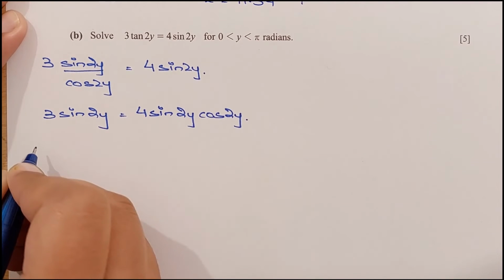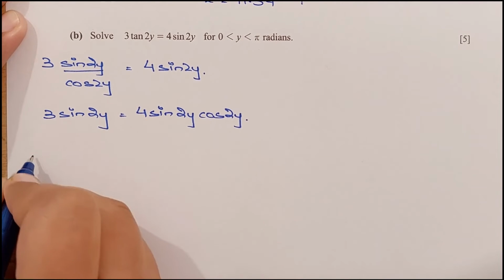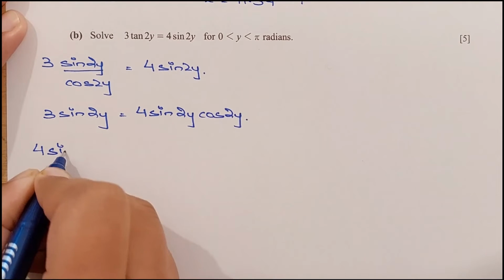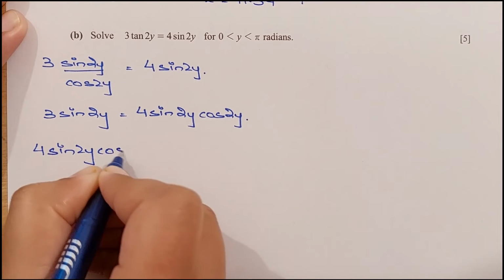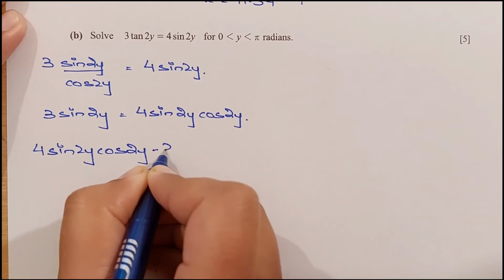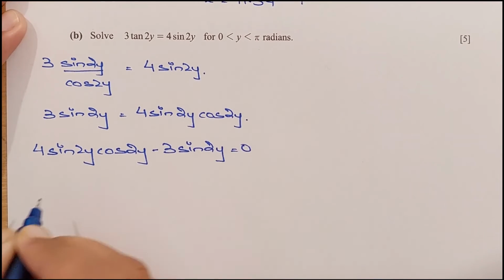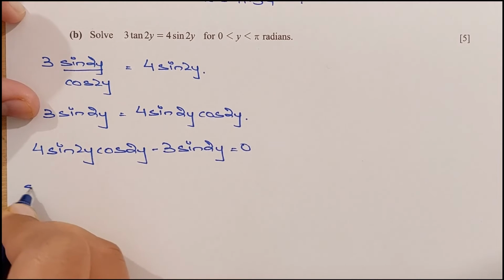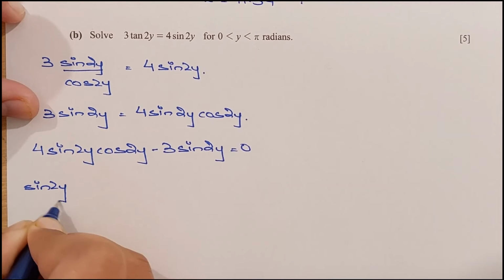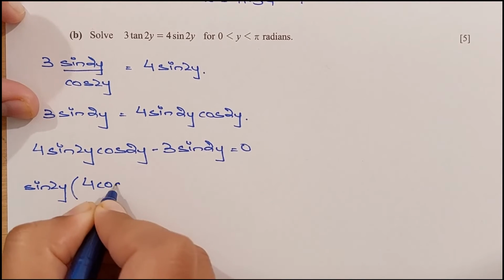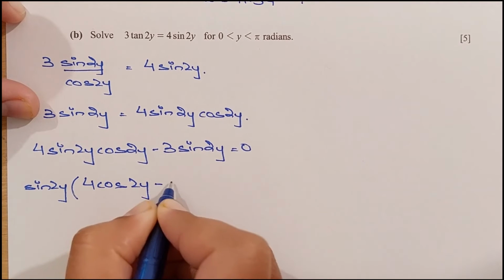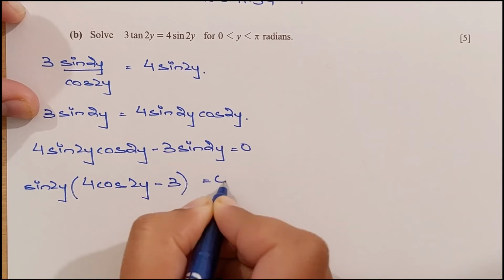Let me shift these terms over here. So we can say 4 sine 2y cos 2y minus 3 sine 2y equals 0. Let me take sine 2y common. We have sine 2y times 4 cos 2y minus 3 equals 0.